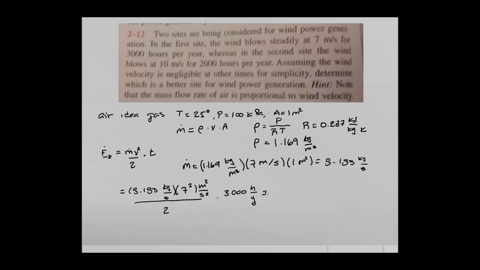And this number is 601,450.5 watt hour per year, and we can just move our decimal point here, so at the end we will have 601.45 kilowatt hour per year. So this is the first one. This is side 1.